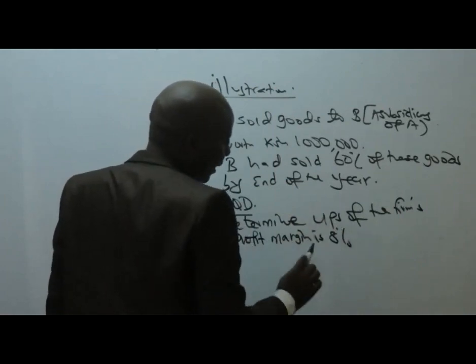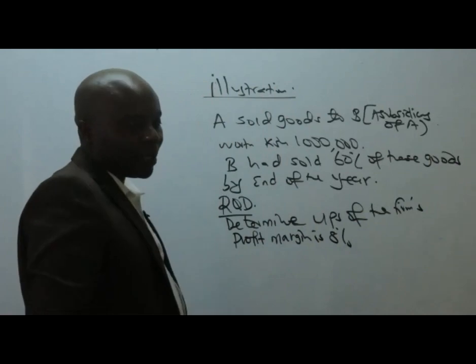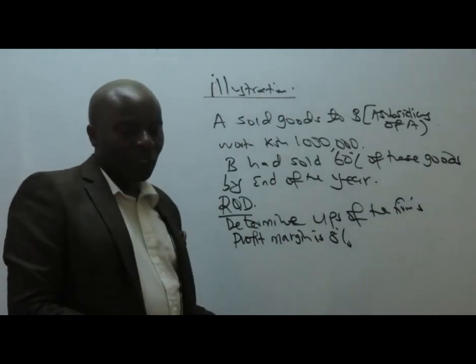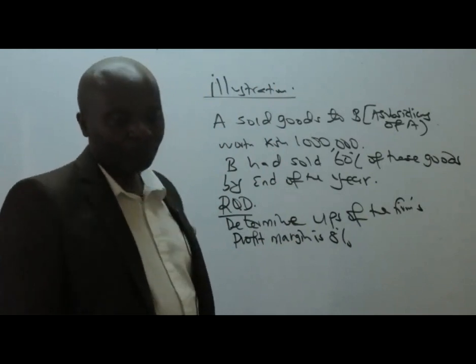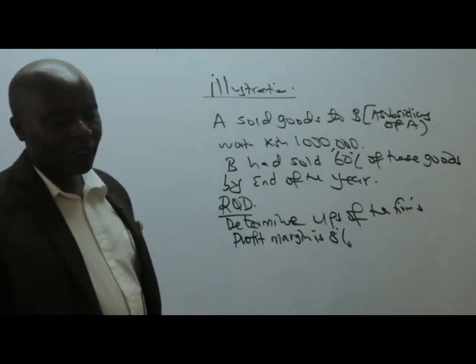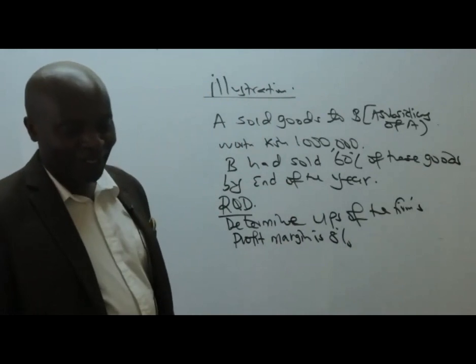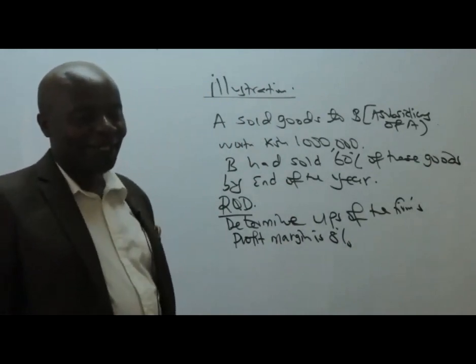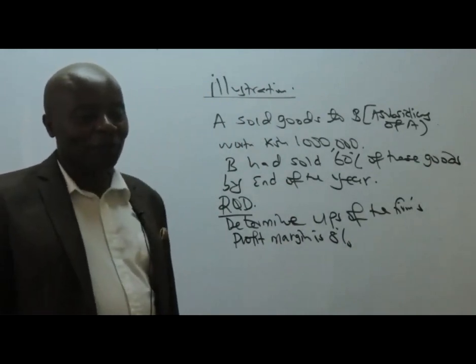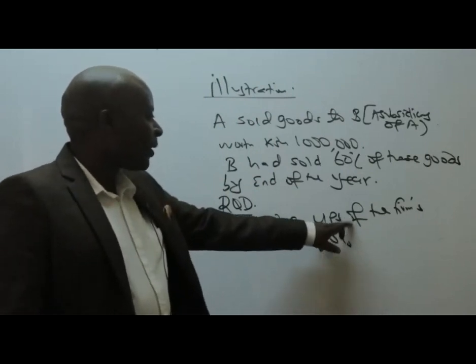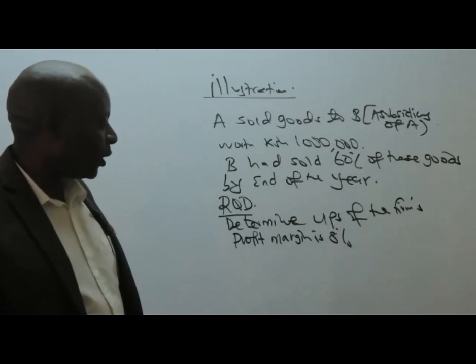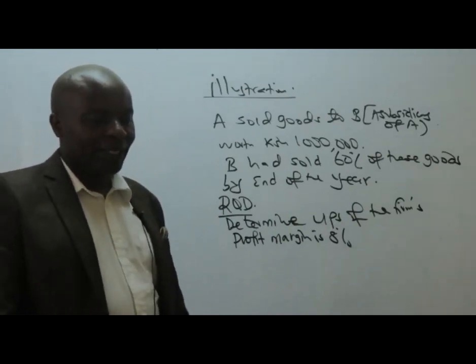This is just a small illustration here in Kenya shillings, but it's important that you give us this figure. Determine UPS of the firm if the firm's profit margin is 8%.